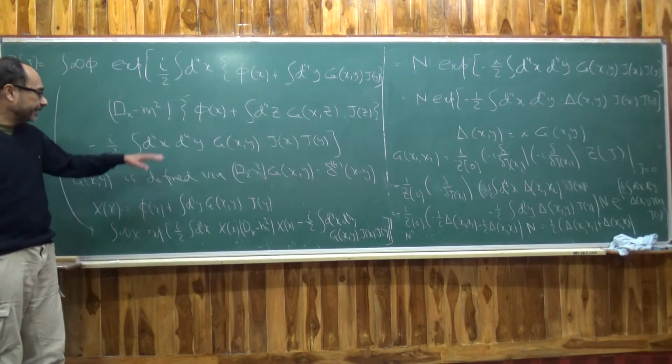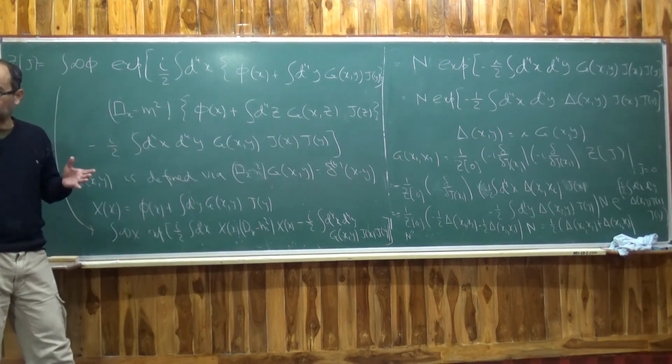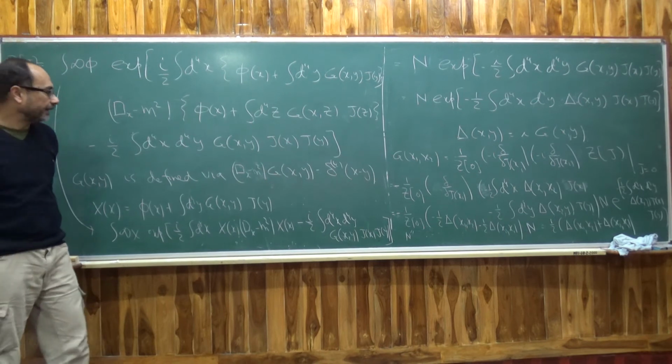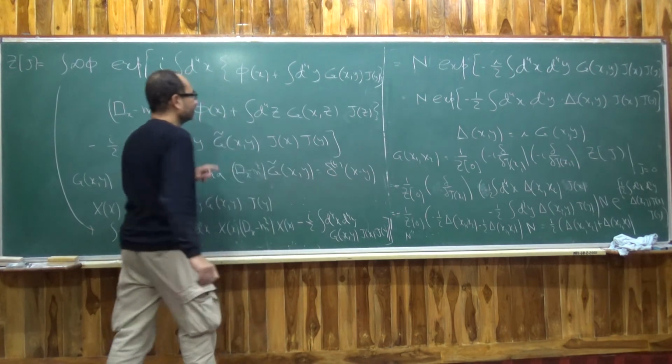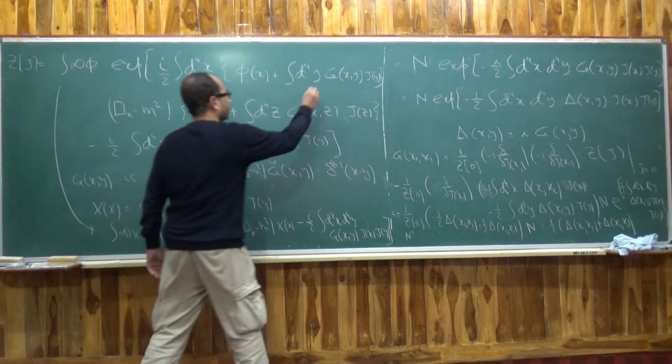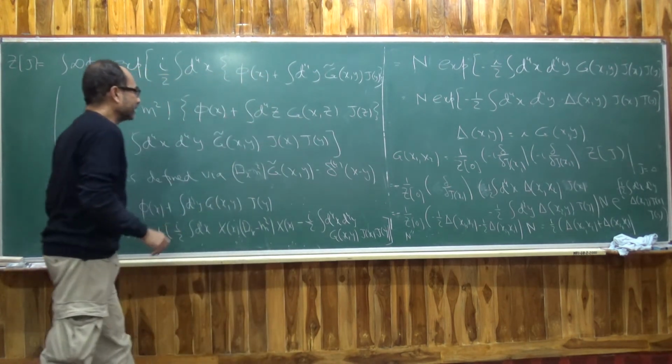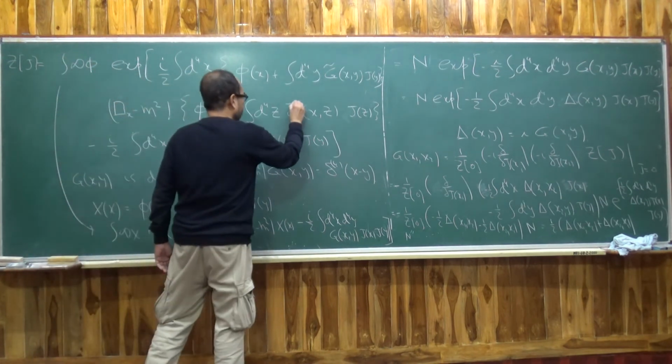This g solves the differential equation. We are not going to solve this now. So at this stage let me put a G tilde here. Of course I cannot change the rest of the steps, but I can put a G tilde here.